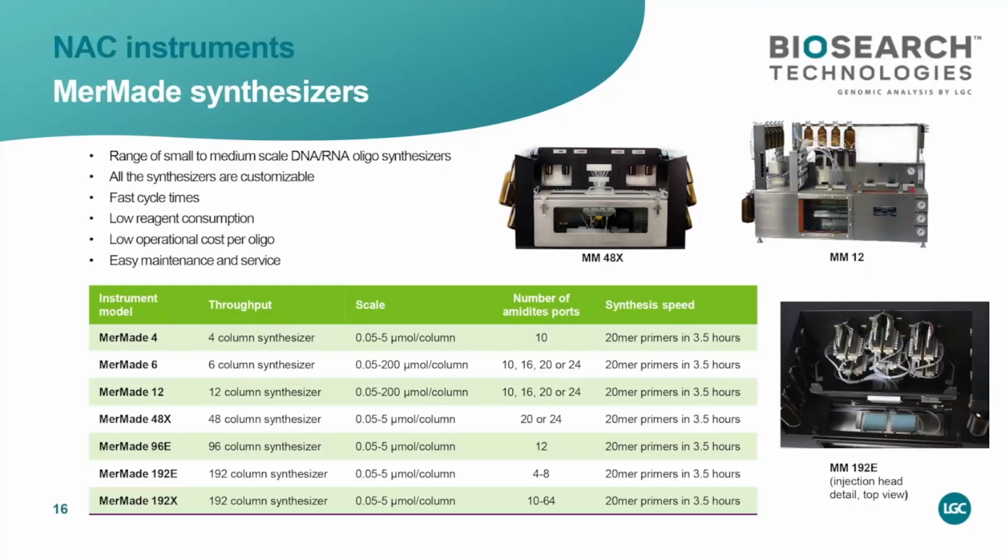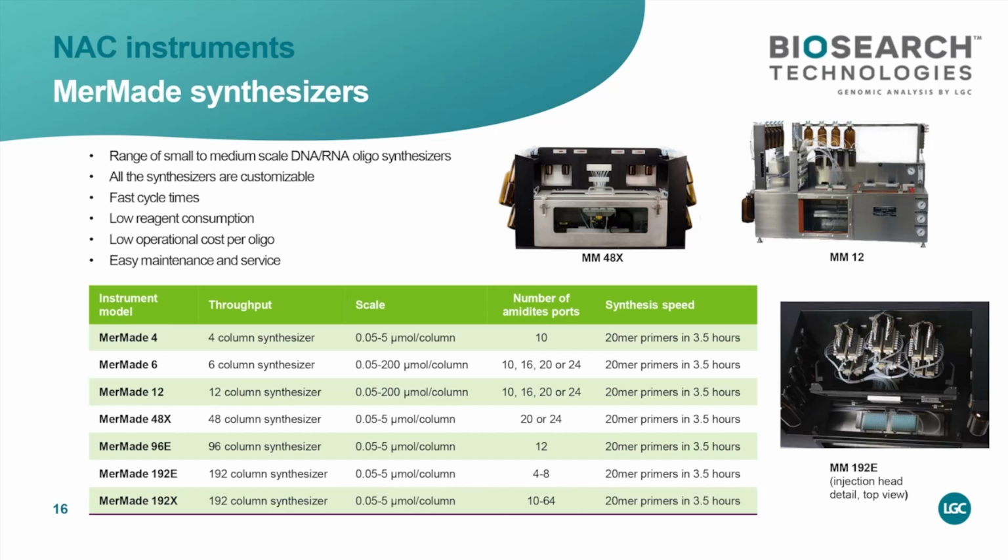Our instrumentation line consists of different models and different throughput. If you are an academic and you just want to make a couple of primers here and there, you might want to consider our Mermaid 4. It only has 4 positions, is small scale, doesn't use a lot of reagent, and it's very compact, so you can always find enough space in your hood to put it.